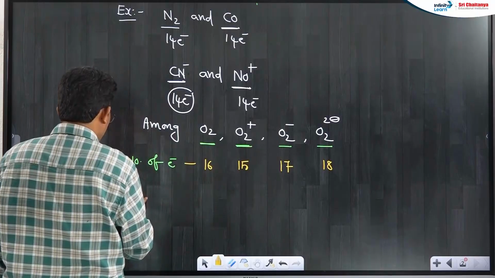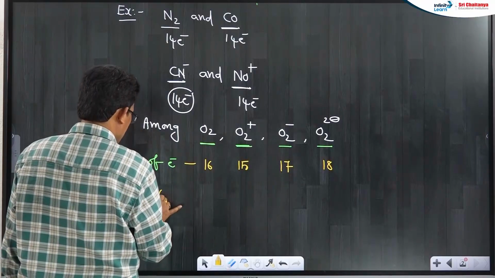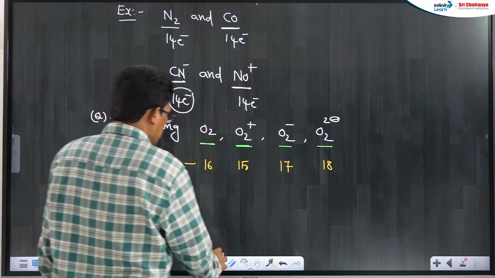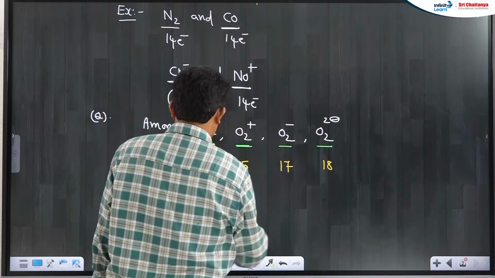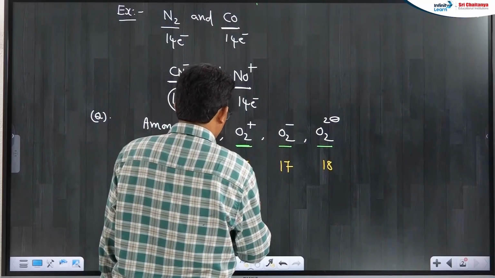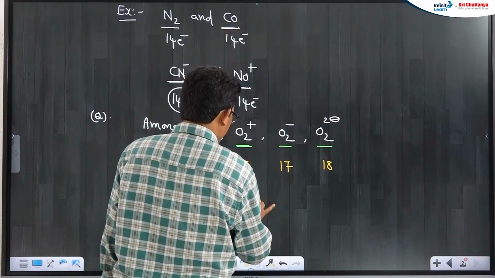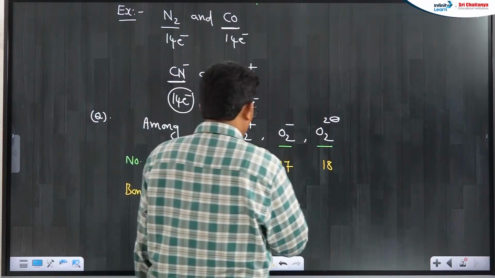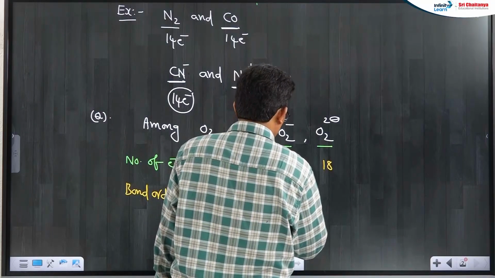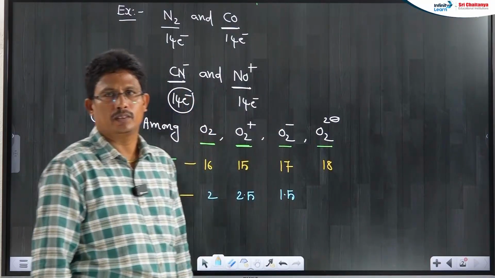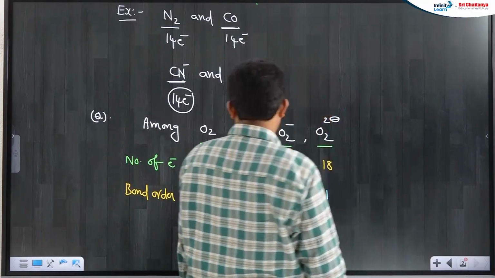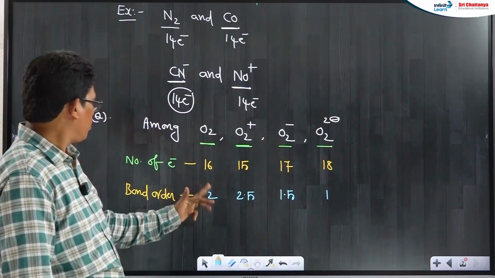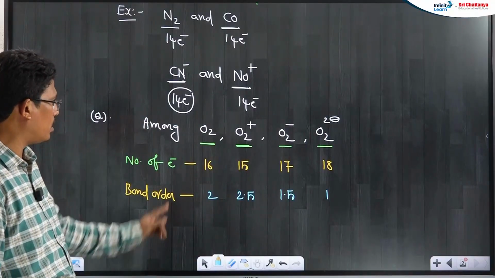For 16 electrons bond order is 2. For 15 electrons bond order is 2.5. For 17 electrons bond order is 1.5. For 18 electrons bond order is 1. Among them, which has the highest bond order?